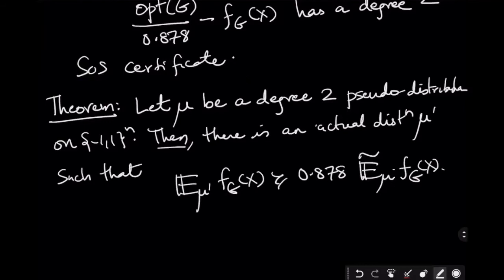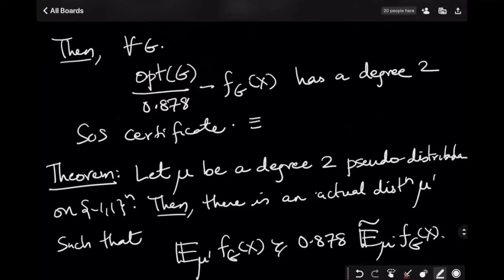Okay. So before trying to understand why I'm calling this a rounding algorithm, let's first see that this theorem implies the certificate variant. In order to talk about this nicely, it's useful to interpret this as saying that I have a certificate that F_G(X) is at most opt(G) over 0.878. And this is just equivalent, right?